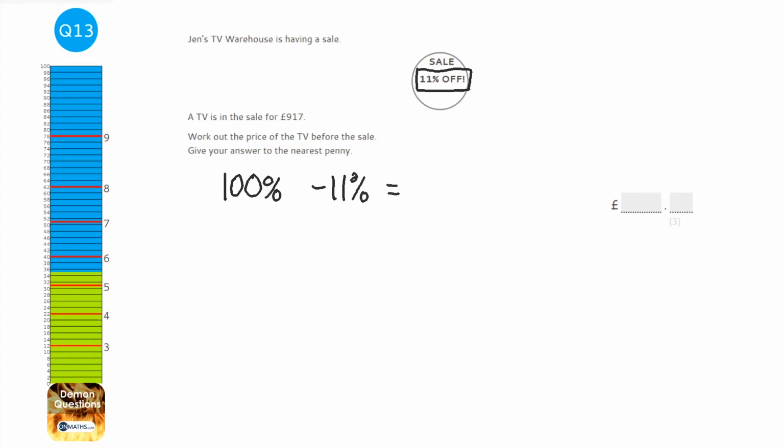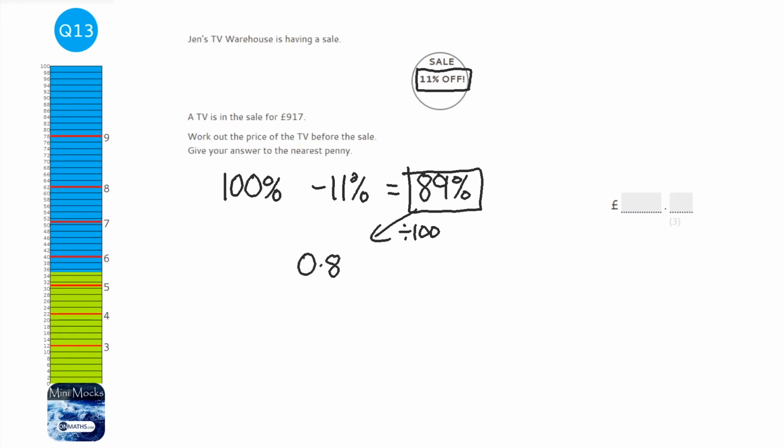So that's going to leave us with 89%. Now 89% is not a multiplier yet. All you need to do is divide it by 100 to make it a decimal. So in your calculator or in your head, divide it by 100 and you get 0.89. And that's a multiplier because all we need to do is put any number in here, we times it by 0.89 and it gives us what the new number is with 11% taken off.